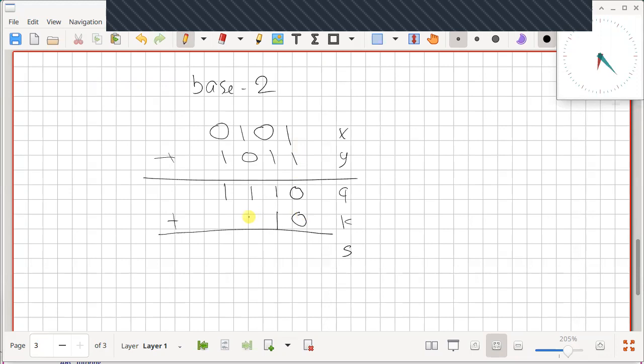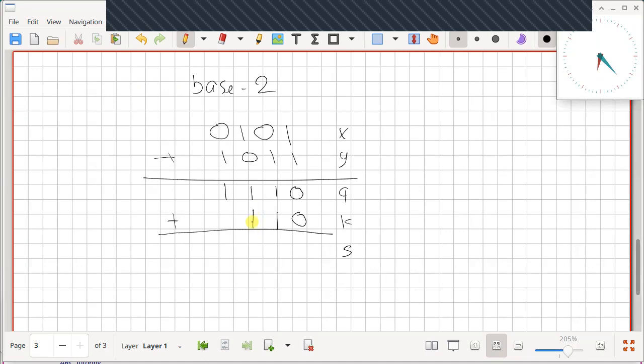Then for the next position I need 0 and 1, which is x1, y1, or q1 and k1. That one is a 1. So now we have a 0 OR 1, which is also a 1. So the yellow spot, representing k of 2, is also going to be a 1.